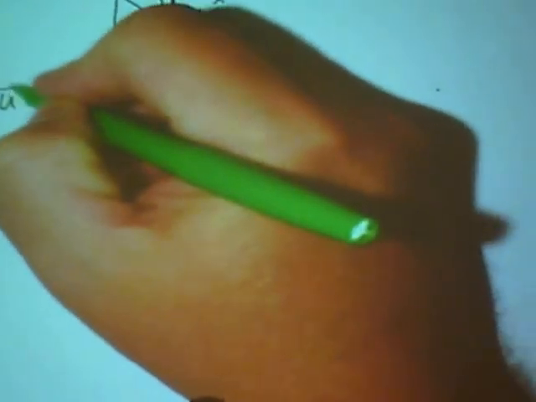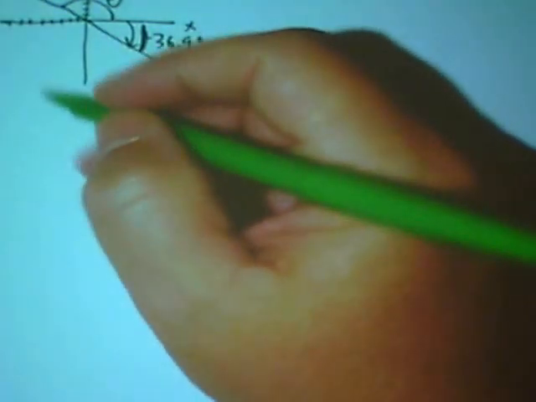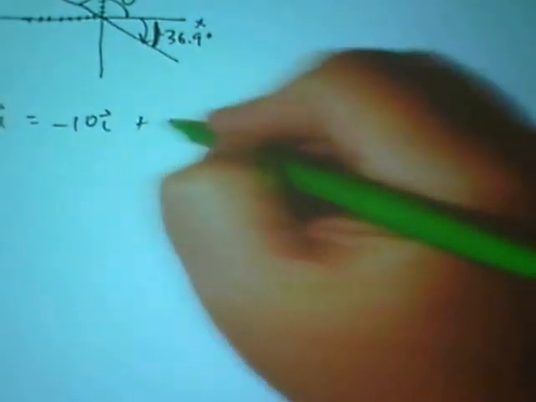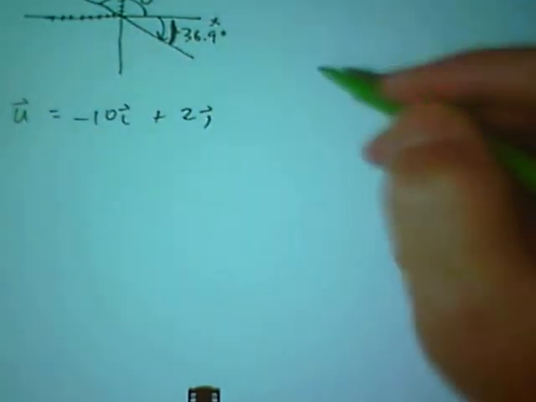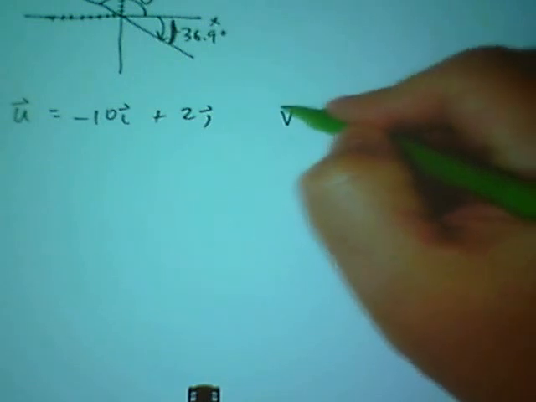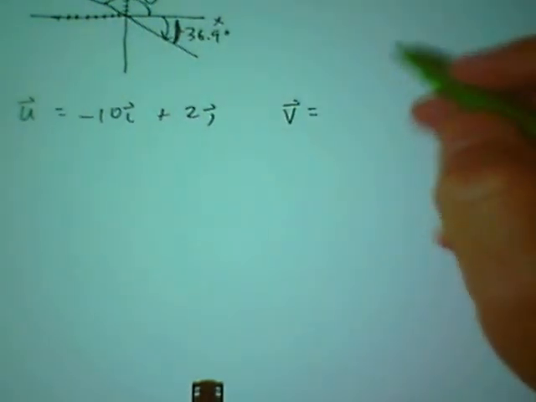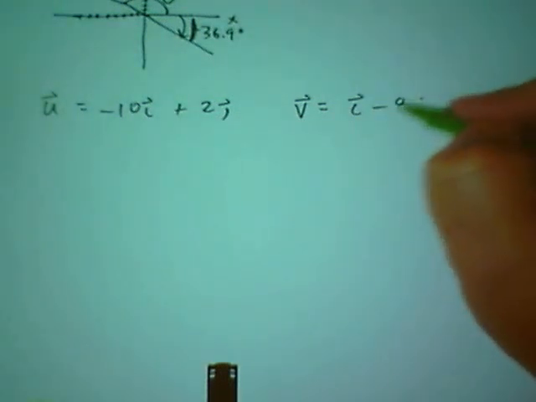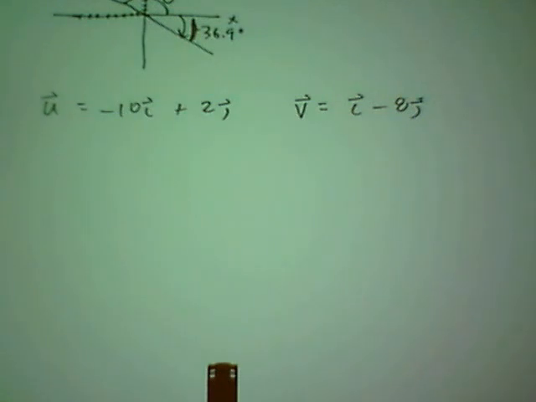All right, so I have two vectors. This is 14 on the review. Vector u is -10i plus 2j. Vector v is i minus 8j.